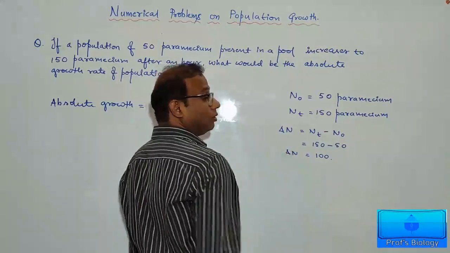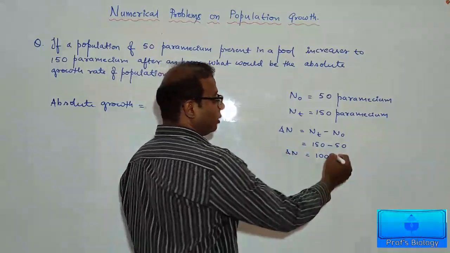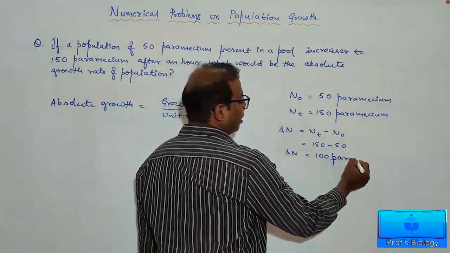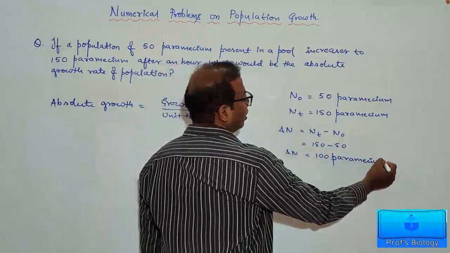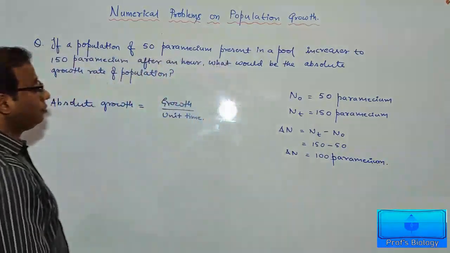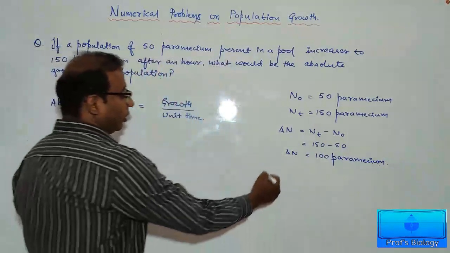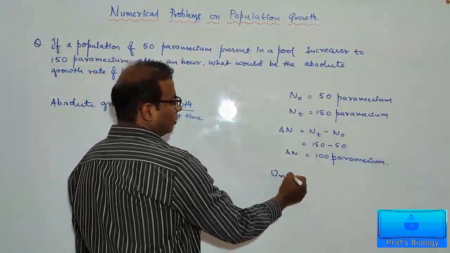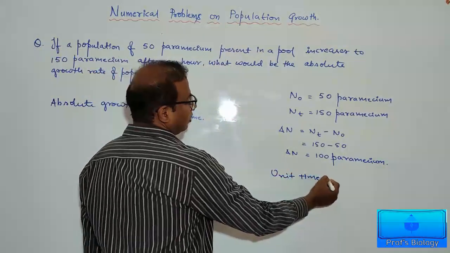Therefore, growth or change in population is 100 paramecium. Now, what is the unit time? The unit time here is 1 hour.